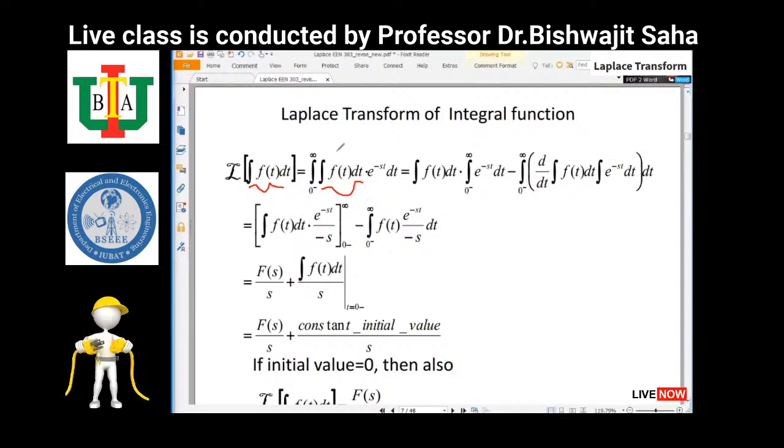We consider the integral of f of t dt as u, and e to the power minus st as v. So we apply the formula: u times the integral of v dt, minus the integral of du times the integral of v dt dt. This is the formula.